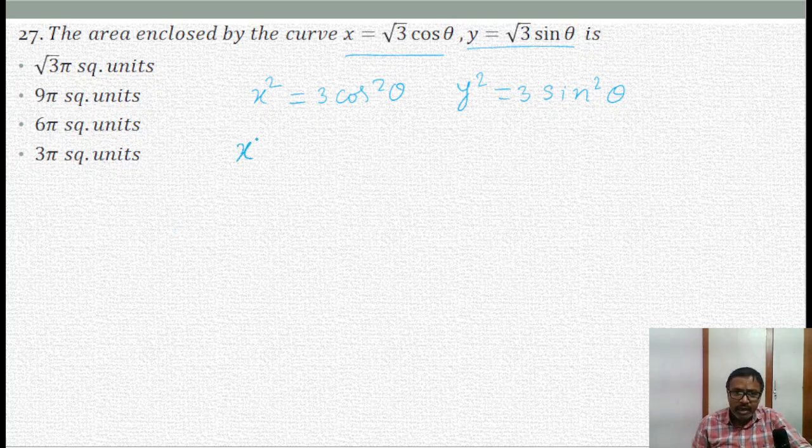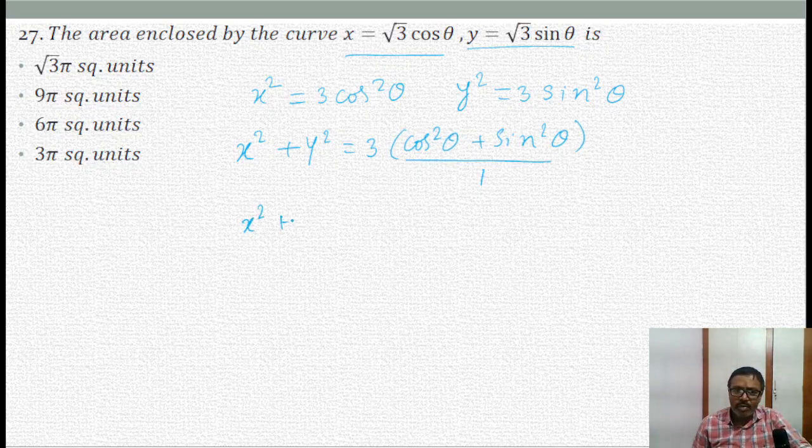Then we will get x square plus y square is equal to 3, which is common in both, so we will get cos square theta plus sin square theta. So we have eliminated, this value is 1 and this is 3. So we will get x square plus y square. Let us write 3 as root 3 whole square. So it is a circle with radius equal to root 3.